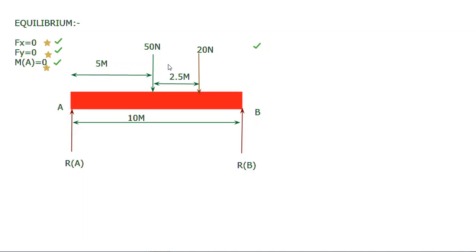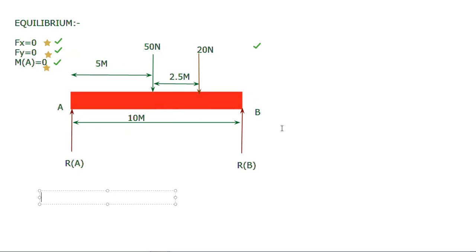Now there is no force in x direction, as all forces are in vertical direction. 50 Newton is vertically downward, 20 Newton is vertically downward, RA is vertically upward, and RB is vertically upward. Therefore only summation of Fy is equal to 0 we can use, and how will be the equation?